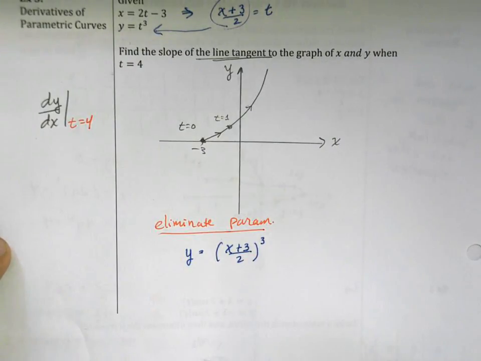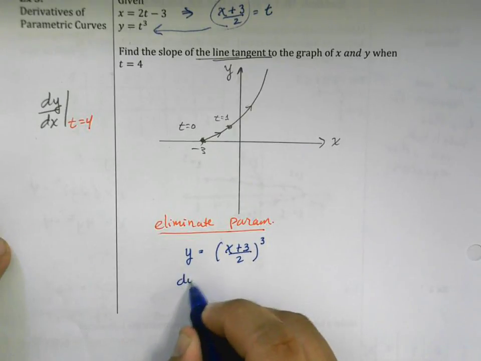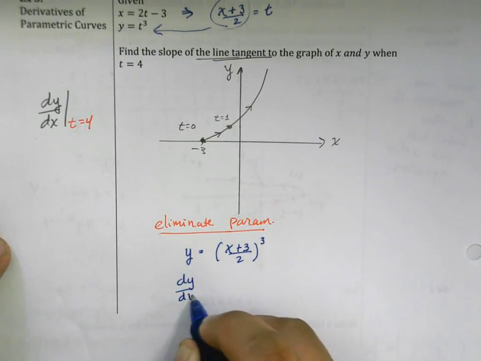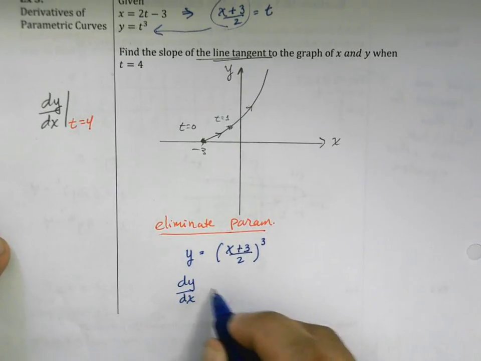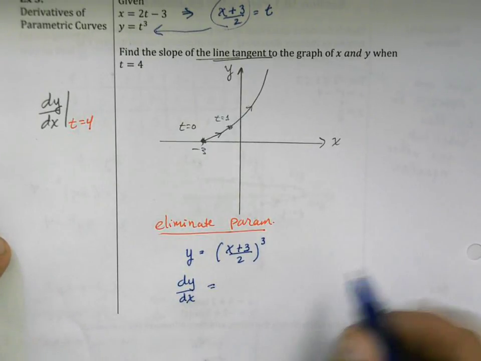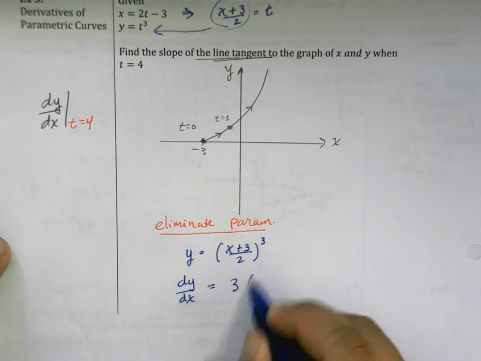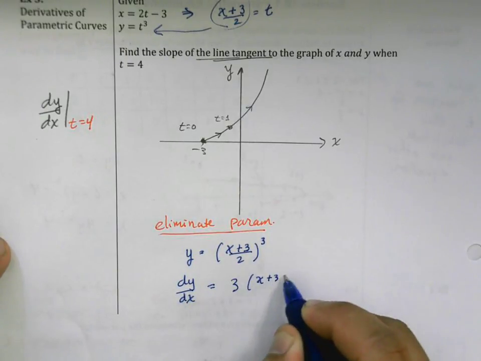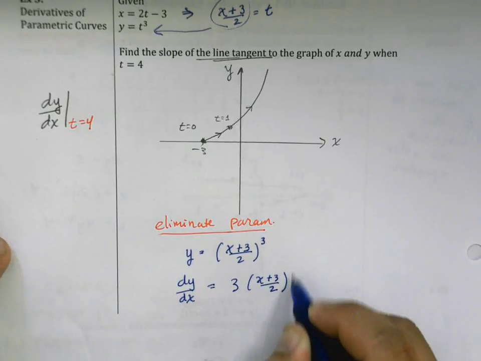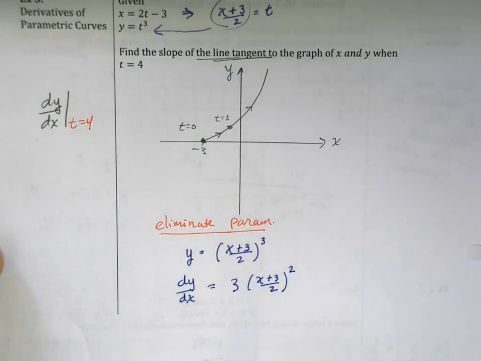And then from that point on, I can take the derivative. dy dx is equal to, and this is a good practice of the chain rule and some other rules that we may have used, 3 times quantity ((x plus 3) over 2) squared. Okay.